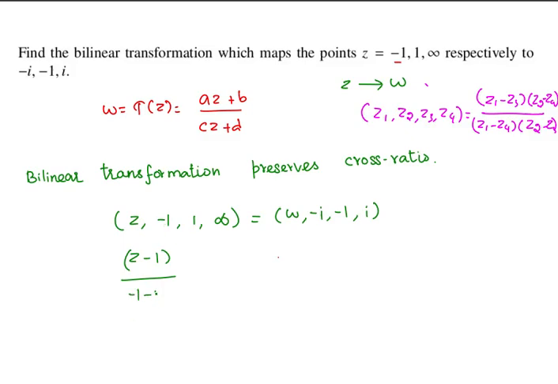So minus 1 equal to (w + 1) times (-i minus of +i), so -i, divided by (w - i). Here 1 minus i will come because -i plus 1 will come. So I write it as 1 - i.